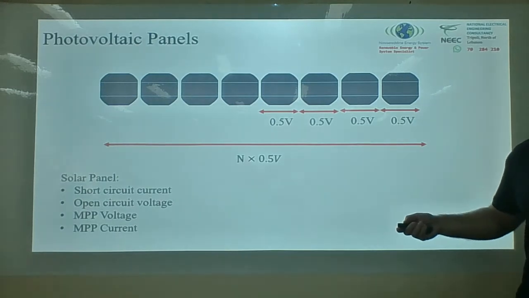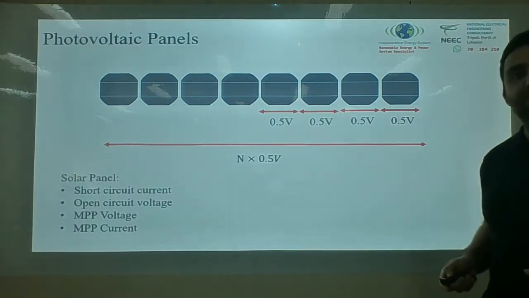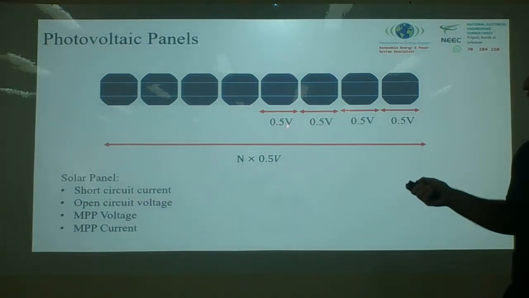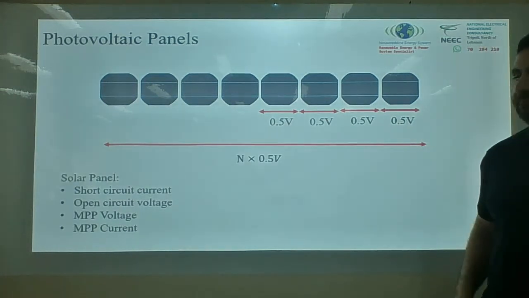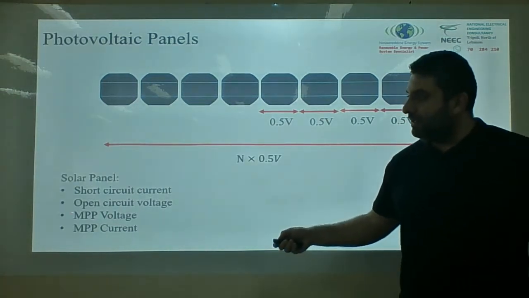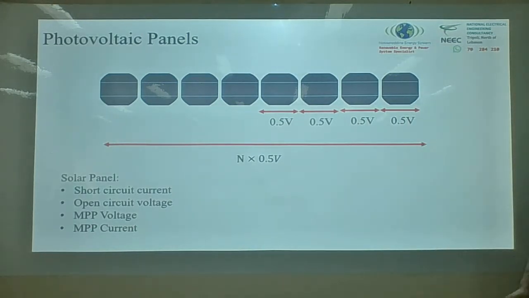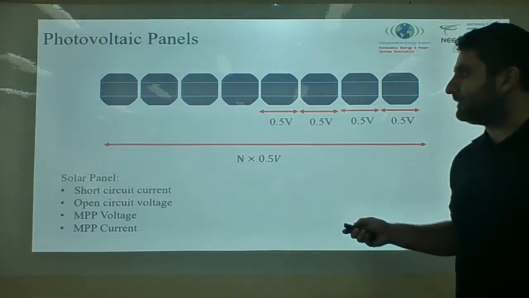Open circuit voltage: are all these cells in the panel in series? So what I do is I will add the open circuit voltage per cell and multiply it by the number of cells in series. MPPT, maximum power point voltage, maximum power point current, it's based on the circuit that we just saw before. Is that clear? No.